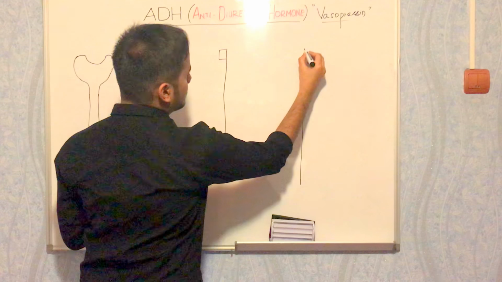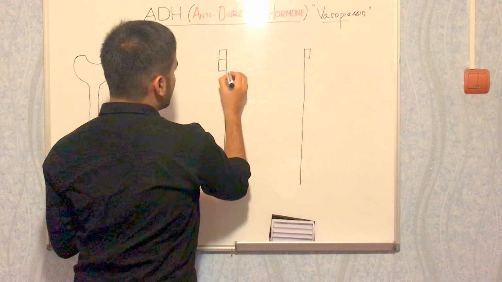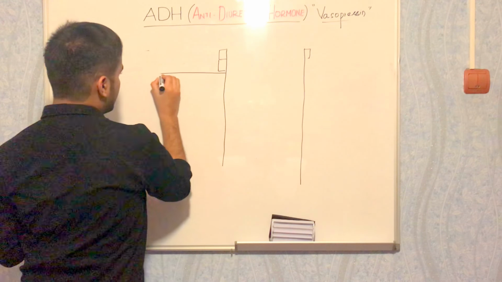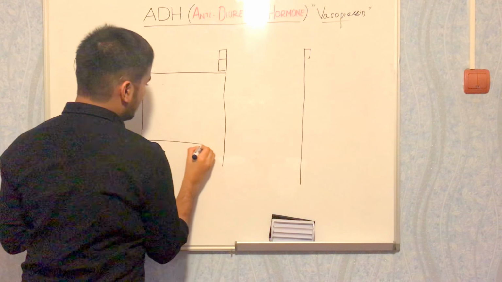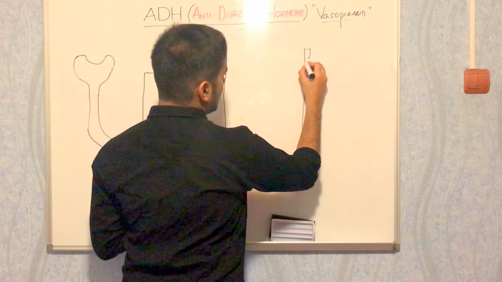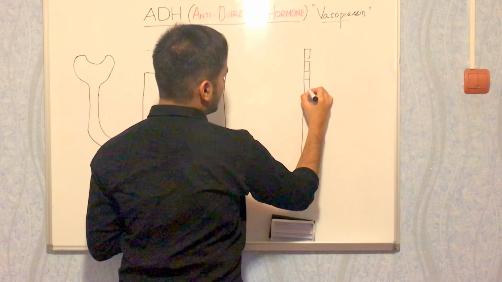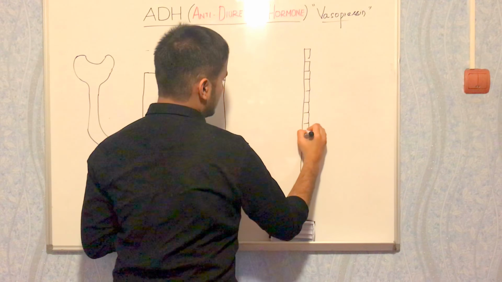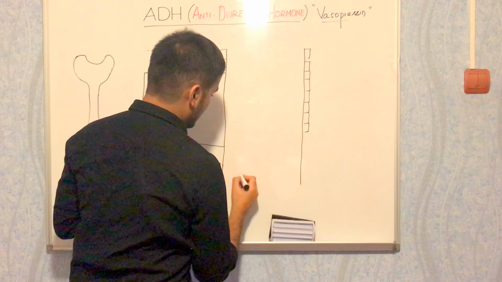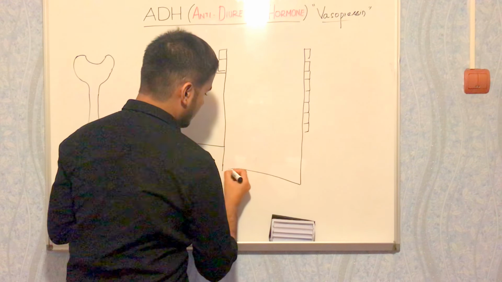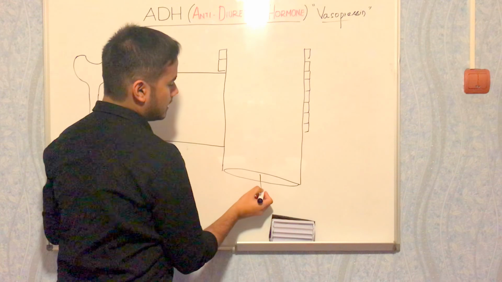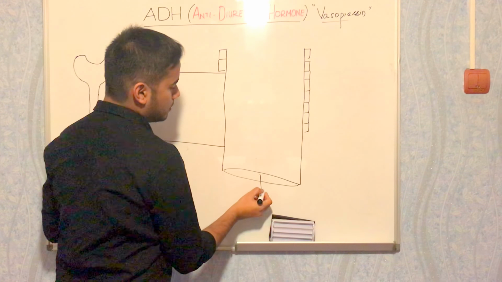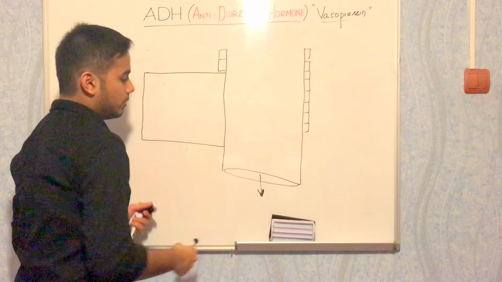So these are your principal cells. Let me enlarge one principal cell here. So this is one principal cell, and on the other side there is no need to enlarge. Look, these are the principal cells. This is the terminal portion of the collecting duct where the urinary output is done.